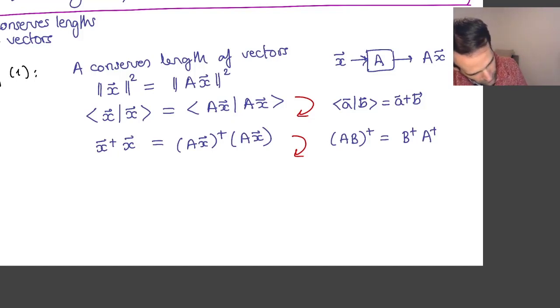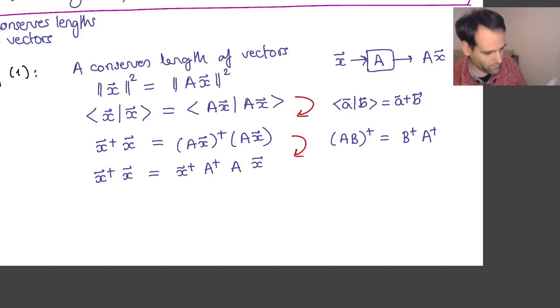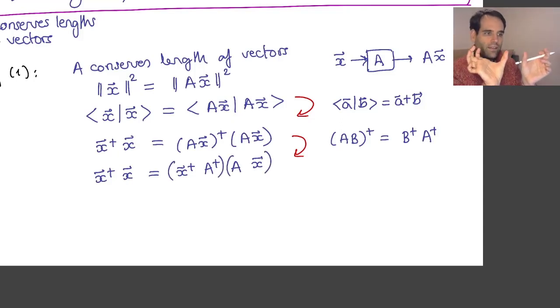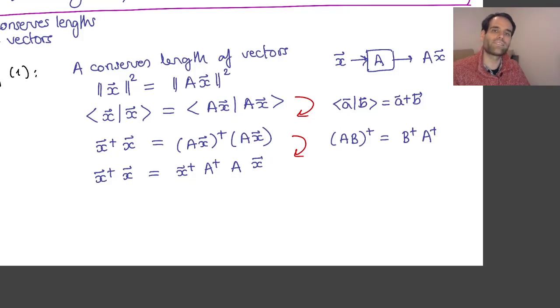So if we do that to the right hand side, we get that x dagger times x is equal to x dagger times A dagger, that's the left hand side, and then times A times x. Yeah. So we could have the parentheses like this. Or we know that we can use the associative property, so we can just remove the parentheses. The order in which we multiply things out doesn't matter.